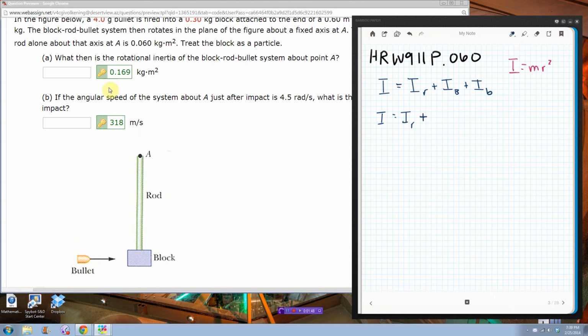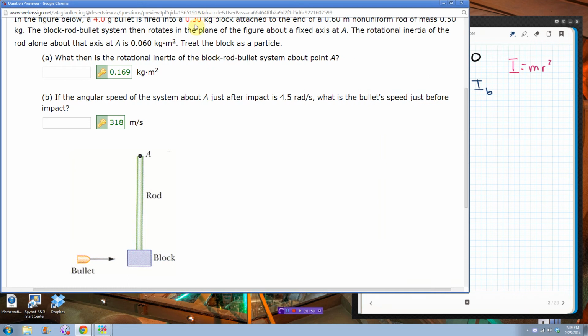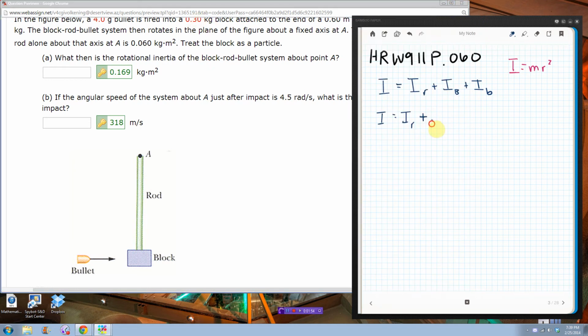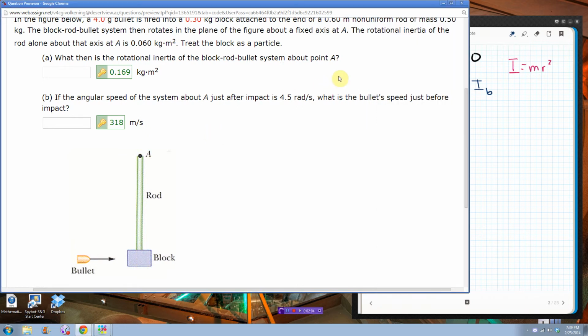Well, the m of the block, they give that to you. They have a 30 kilogram block. So I'm just going to put mass of block, because your mass will be different than mine. And then R is how long the rod is.